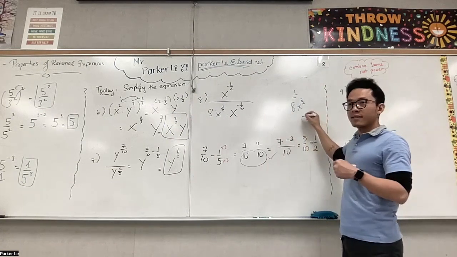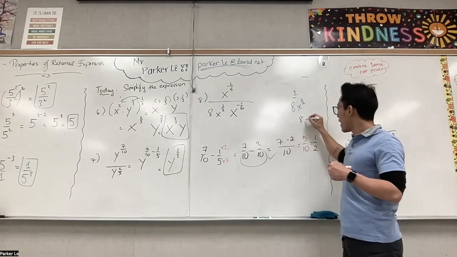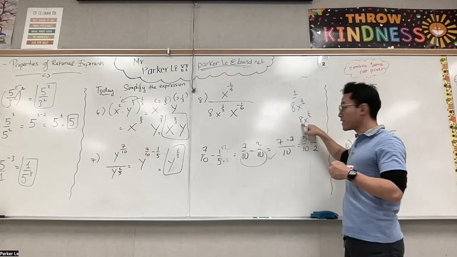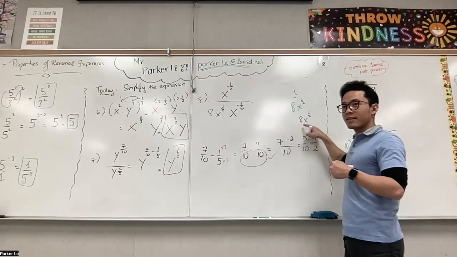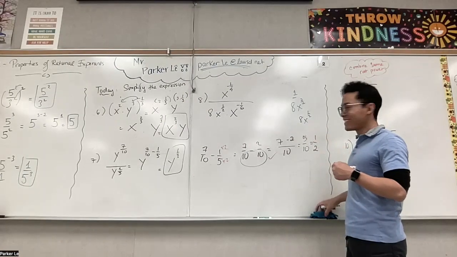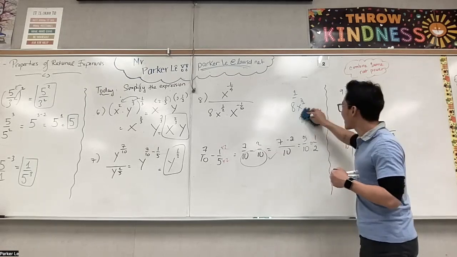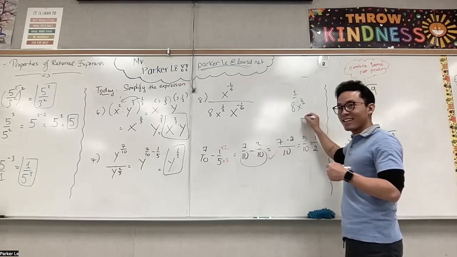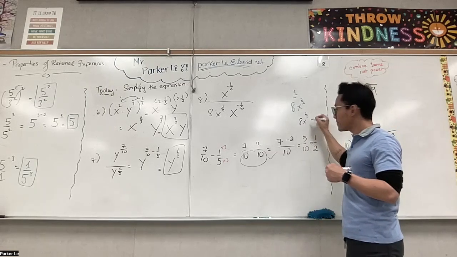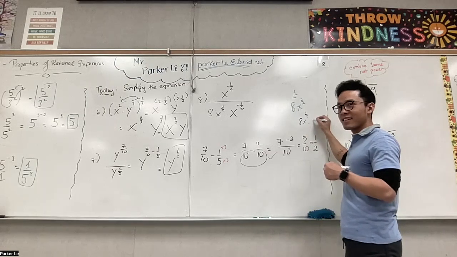What did you get? 8x to the 1/2. The 8 on the top or bottom? It's just there. Okay, tell me again. 8 times x to the 1/2. Yeah, that's it.